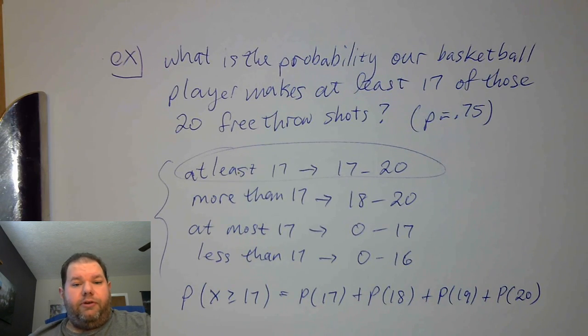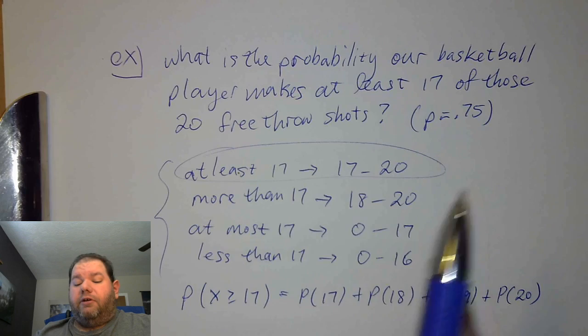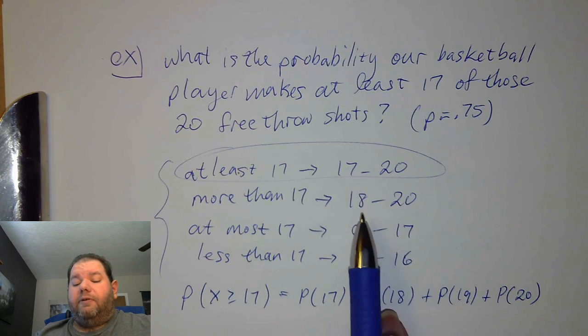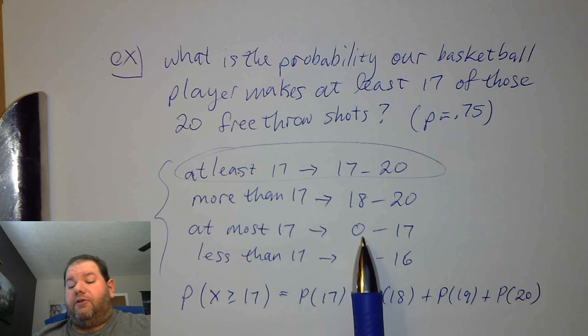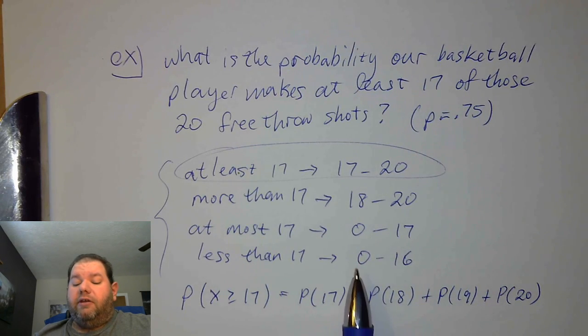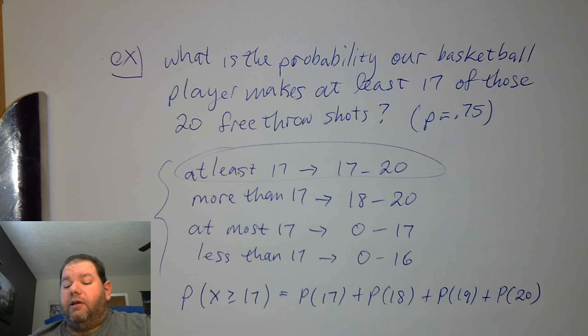We just want to make sure we interpret what is being asked correctly. Whether it's, starting from 17, is it 17 up? Is it more than 17, 18 to 20? 17 or less, which is 0 to 17, and then less than 17, which is 0 to 16. So, really 4 different ways we could go from there.